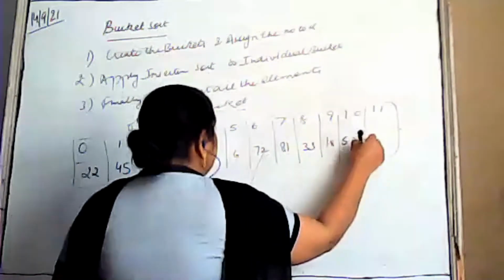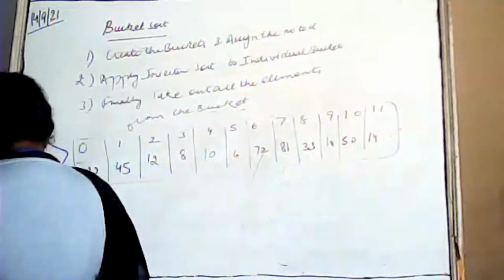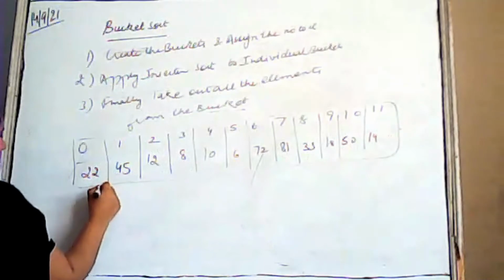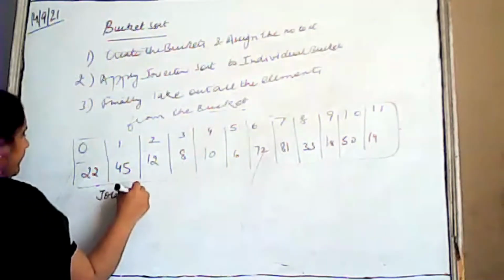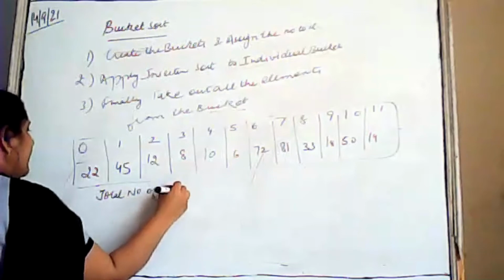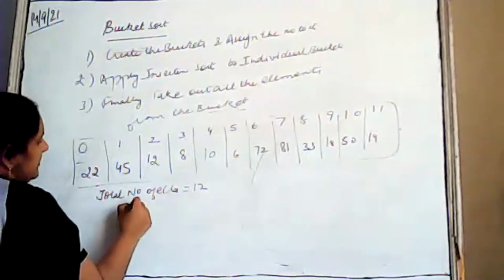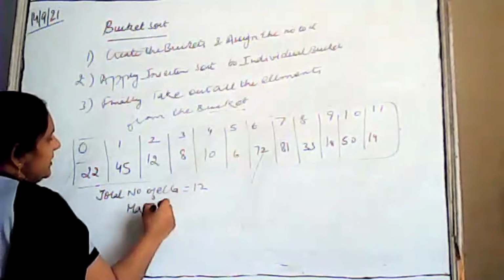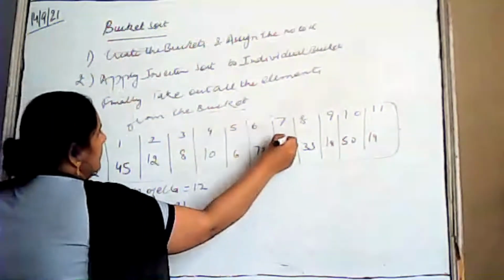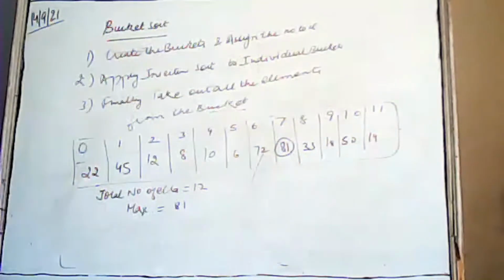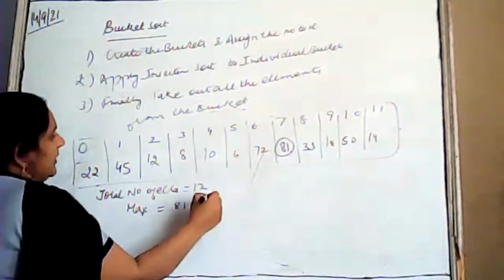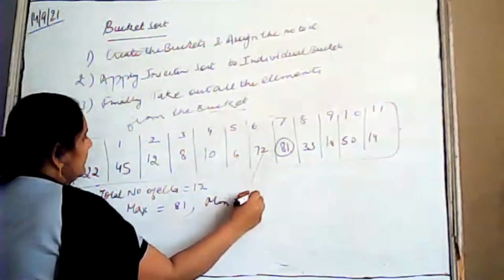These are the 11 elements which we have. Total number of elements is equal to 12. The maximum is 81, and the number with the minimum value is 6.